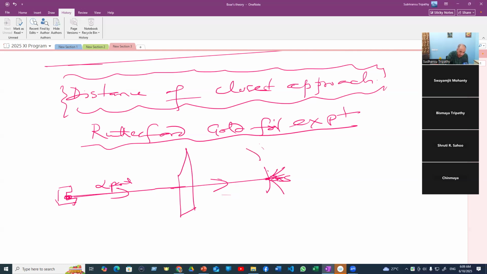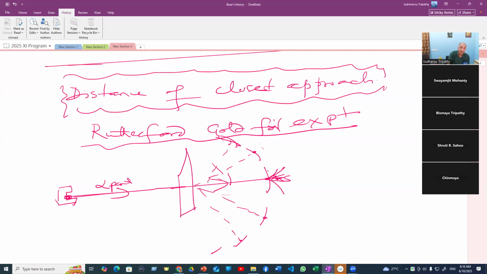But when he rotated this screen in a circular manner, he also found the glowing of the screen, but to a very low intensity, but glowing. That means some of the alpha particles are being deflected at different angles and falling on the movable zinc sulfide screen, and hence giving some fluorescence, some luminescence, some glow.